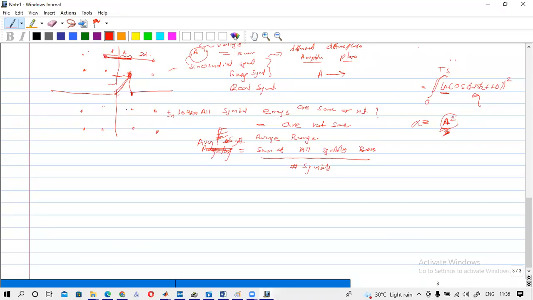I will write it here again. I hope you're clear with this. So I'm getting these four symbols.